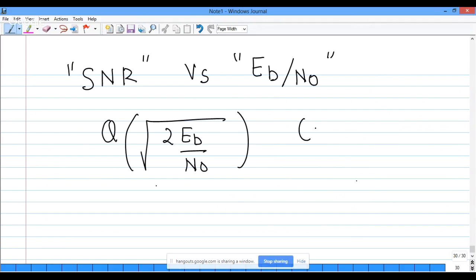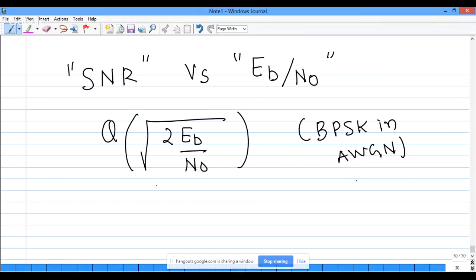So this is the probability of error in BPSK in an AWGN channel.